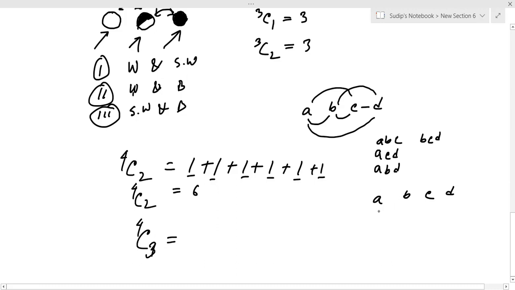So you can make a choice in only 4 ways. So 4C3 is equal to 4. This is how we can find out NCR.